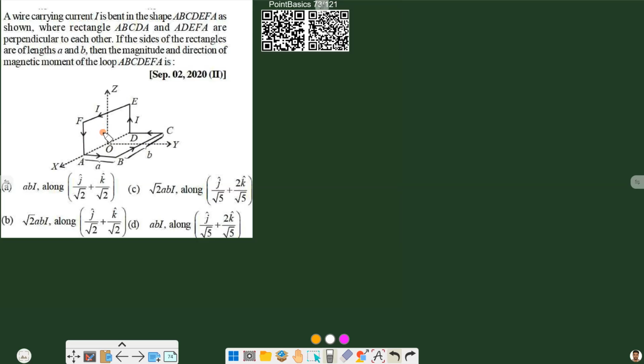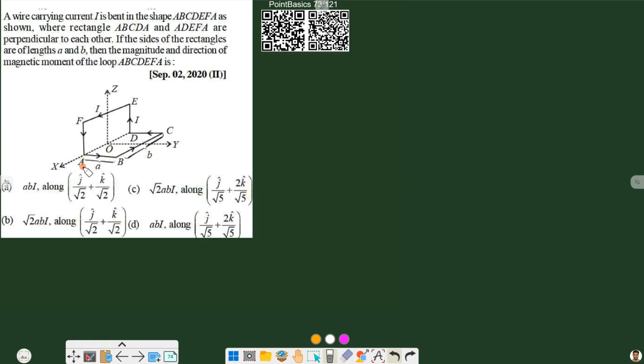We do the calculation for the XY plane separately, and for the XZ plane separately. And for doing that, we have to make each a complete loop in its own plane.